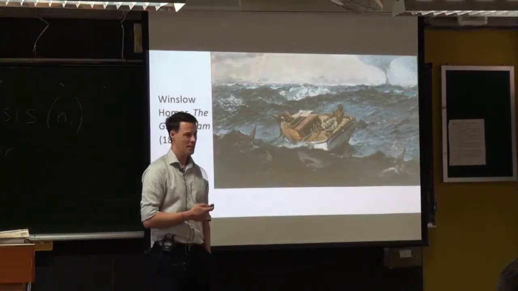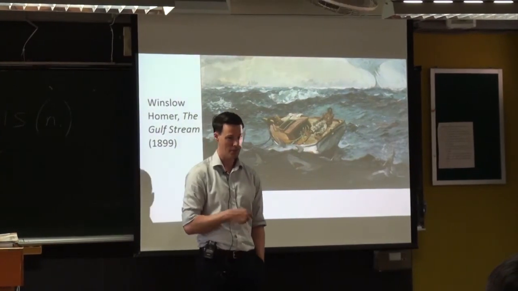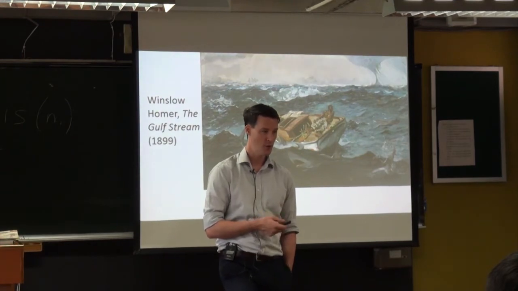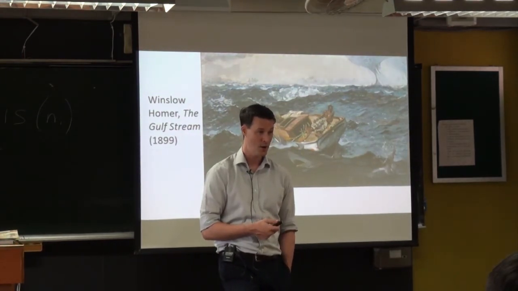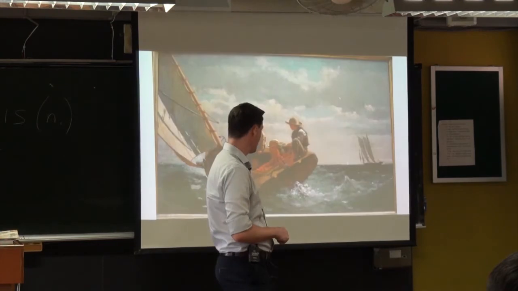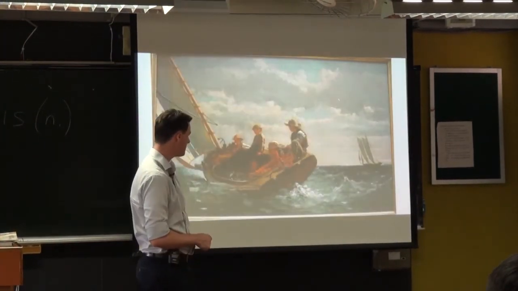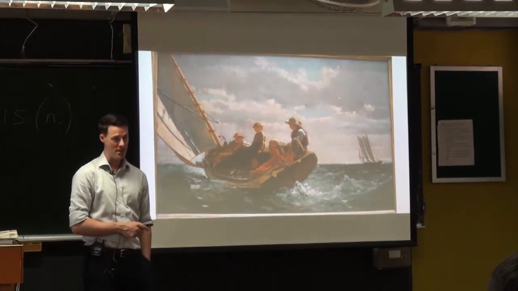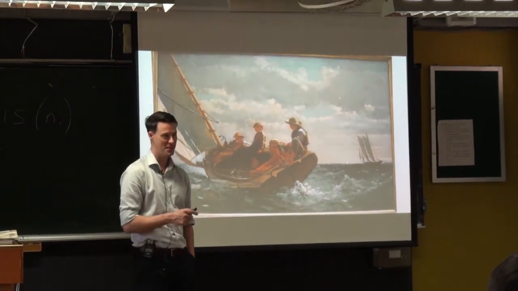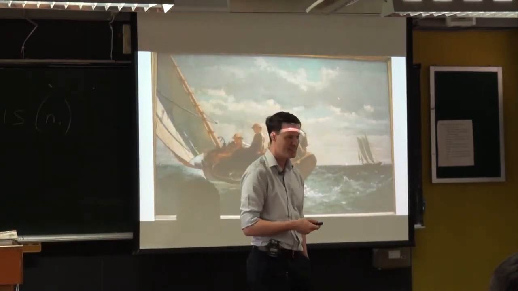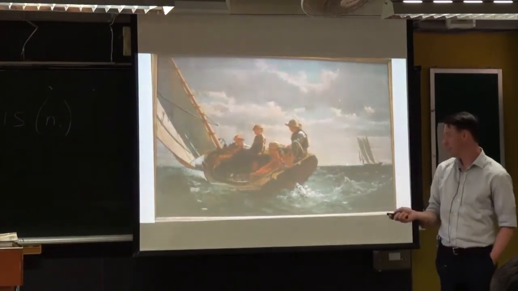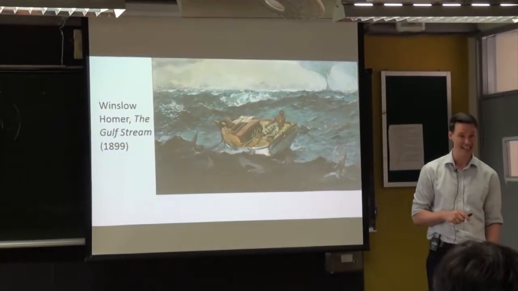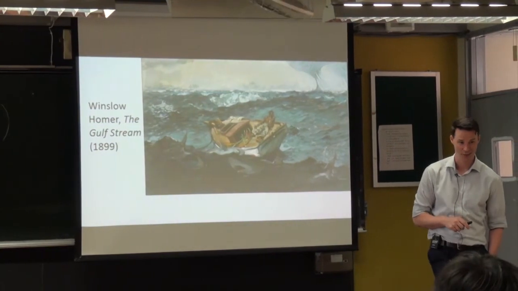Now, another thing you could think about when you're thinking about these paintings is, why would Winslow Homer, an American painter, be painting these two pictures, where a group of white people is full of hope and determination, and a black man is surrounded by trouble and danger and chaos, right?